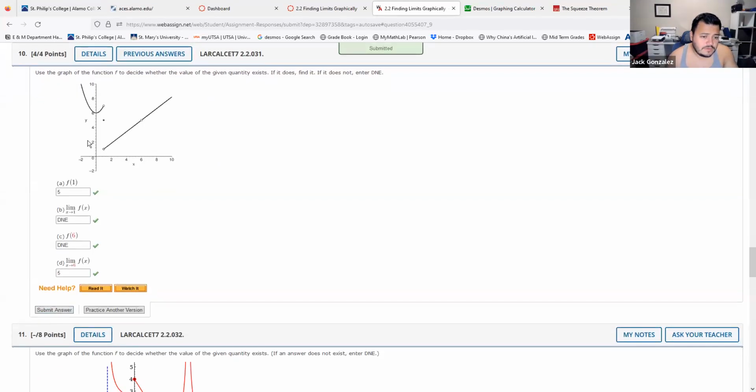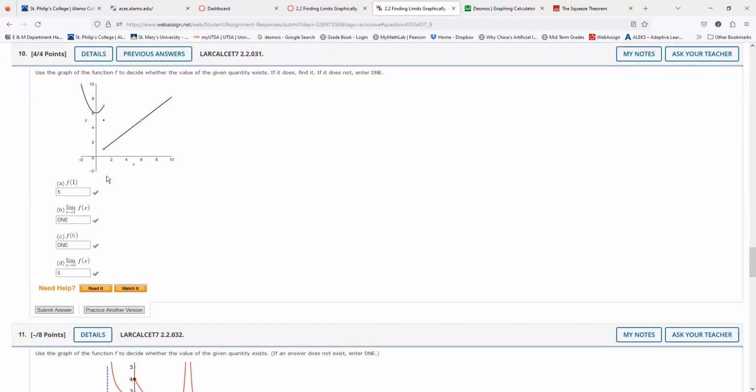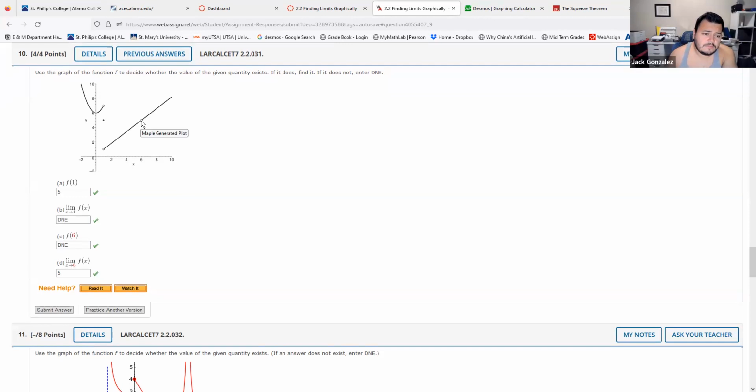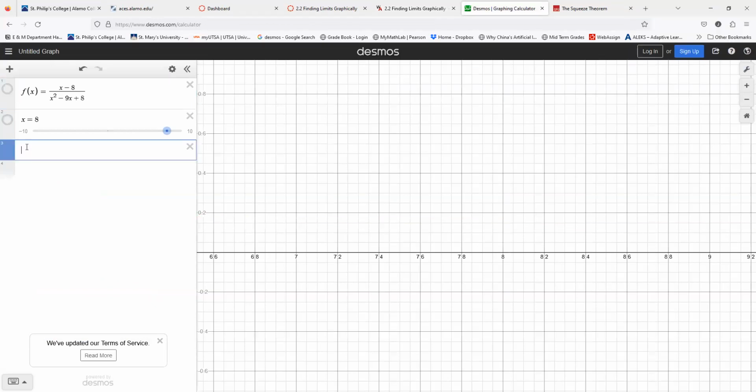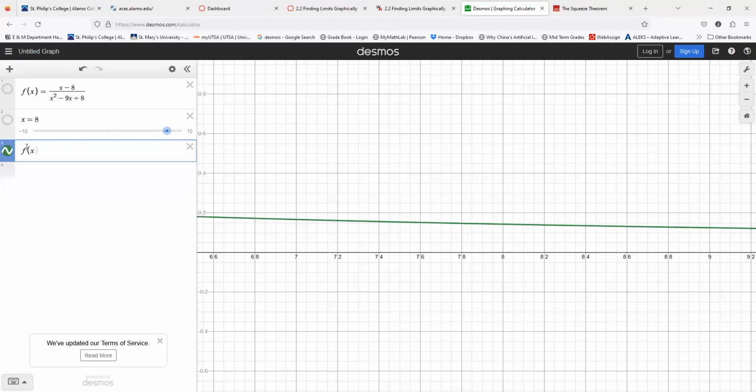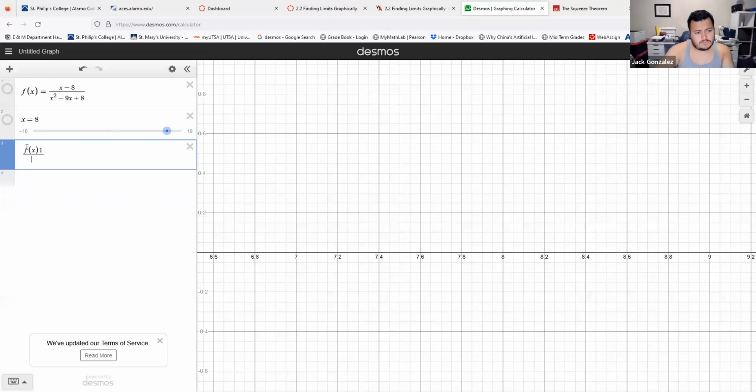Does everyone understand why this is true? Does it make sense? Yes. I just don't understand the open dot and this thing. So if you see it open, that means the function is not defined there. Okay. It's just a hole. So that's just kind of saying that's where it ends.